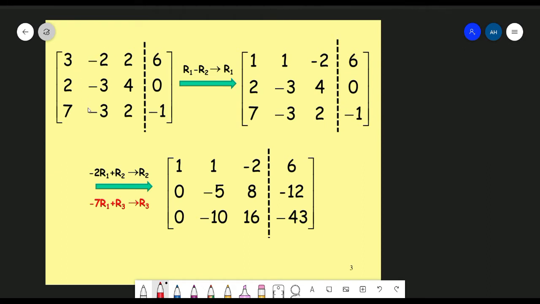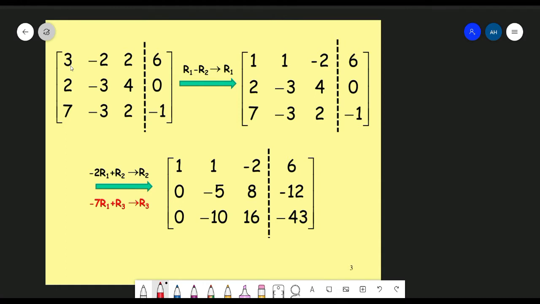If we look carefully at this matrix, we see that in our first row, we don't have a leading one. The first number in this first row, the number 3, we need to change into 1 as our leading one. We don't have 1 yet.